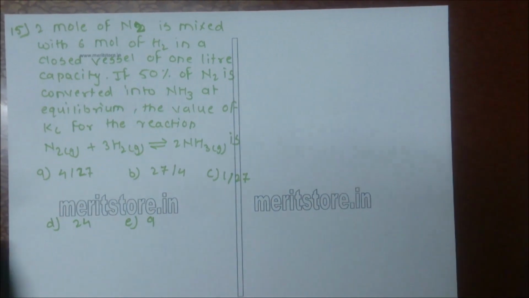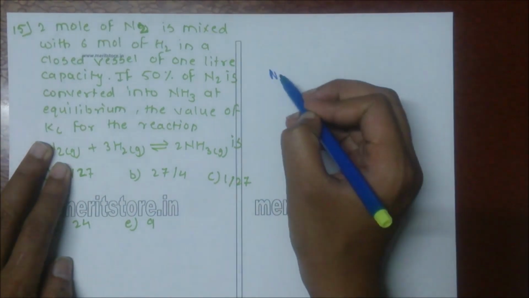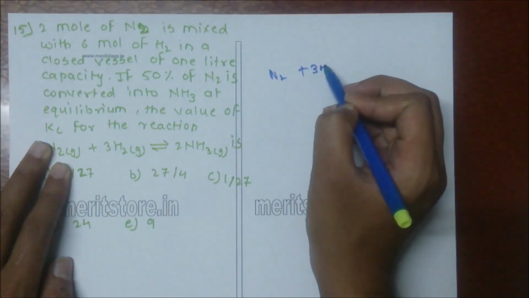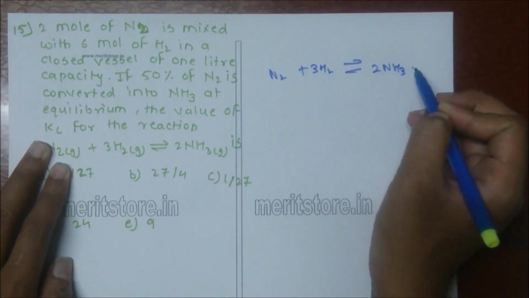Next question is, 2 moles of nitrogen is mixed with 6 moles of hydrogen in a closed vessel of 1 liter capacity. If 50% of nitrogen is converted into ammonia at equilibrium, the value of Kc for the reaction N2 plus 3H2 reversible 2NH3 is? So the given equation is N2 plus 3H2 will give 2 moles of ammonia.